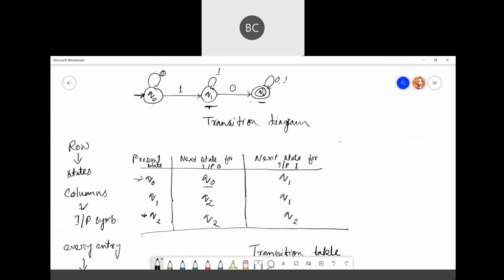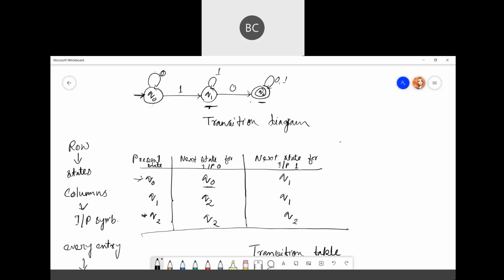You have to just write all the available states in the first column, the present state. Then you have to check what is the next state for every state for a particular input symbol. So we have only two input symbols, 0 and 1. For each symbol, it will move to another state. For Q0, after reading input symbol 0, it comes to Q0 again.